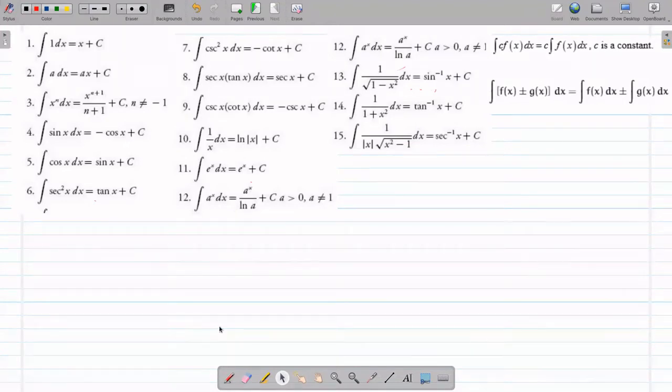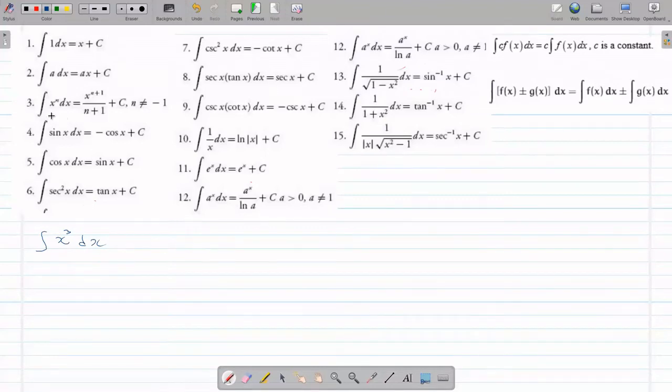Okay, so first we will look at x^n, like with differentiation. Let's say I want to find the antiderivative of x cubed. This is saying, find the antiderivative or the indefinite integral of x cubed.